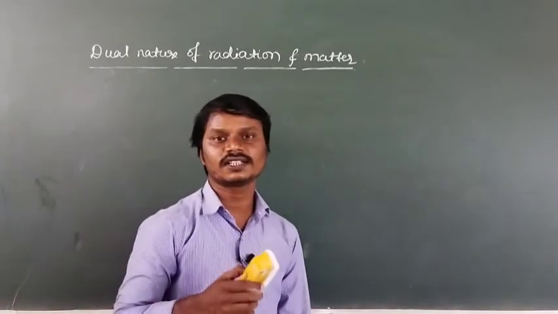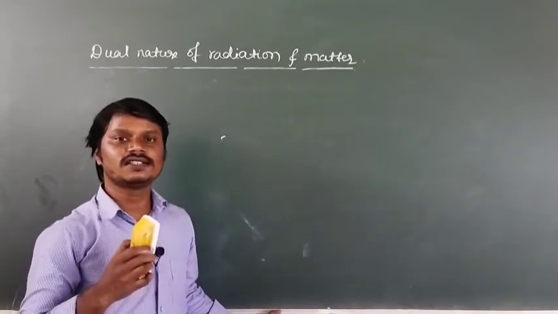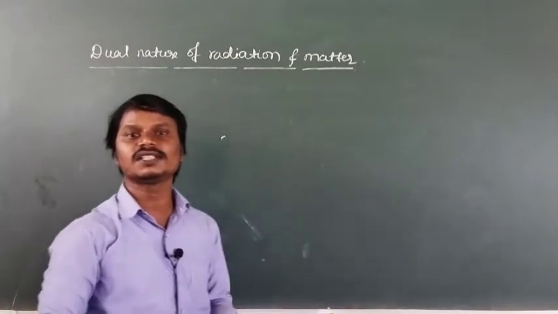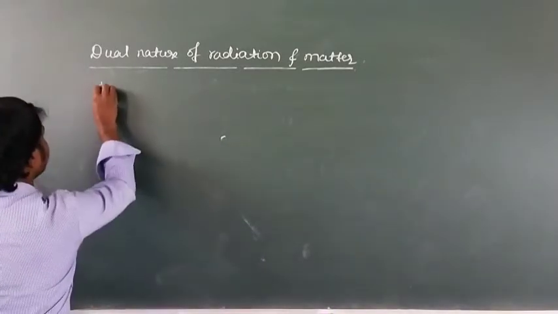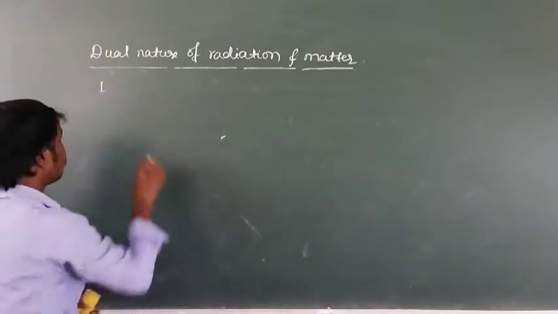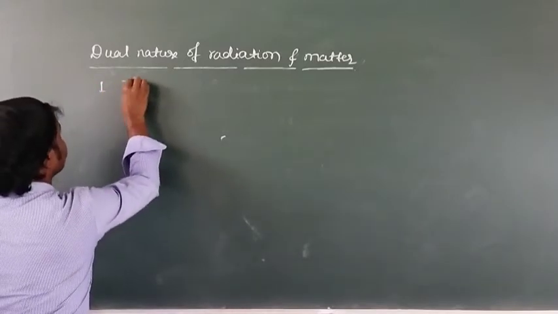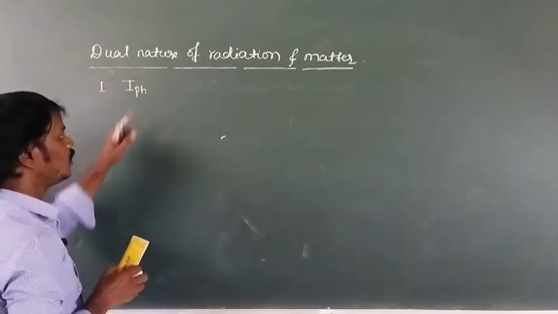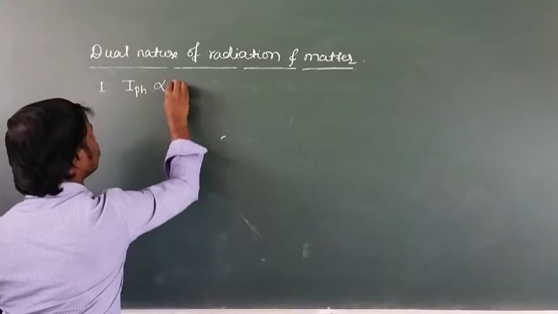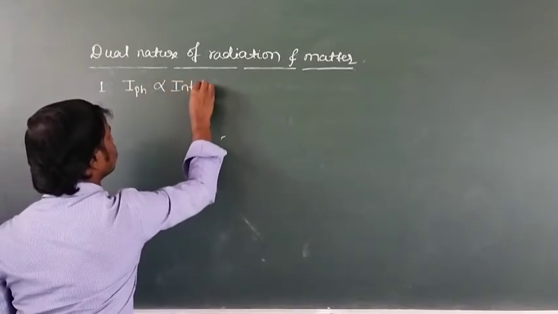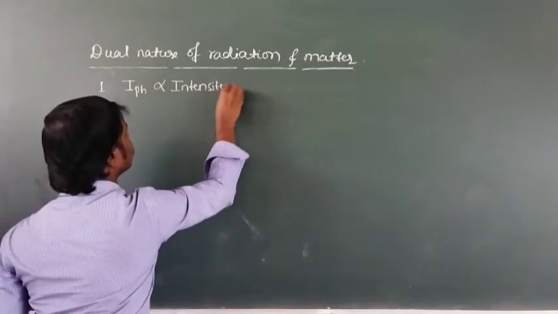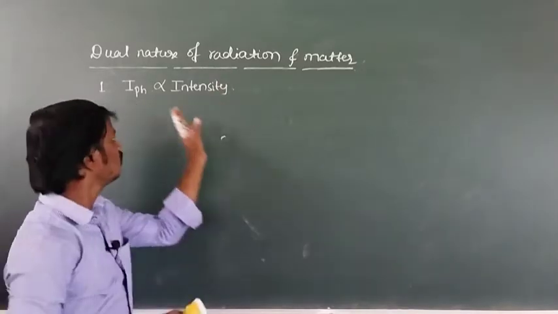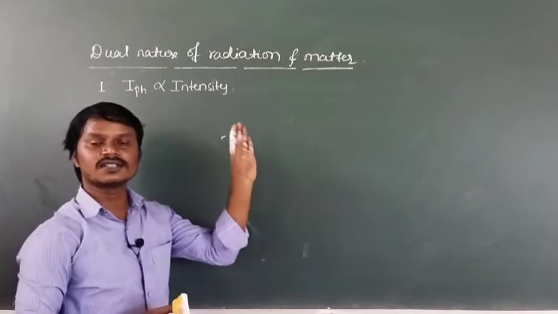The photoelectric current, which I will represent by I_PH, is directly proportional to the intensity of incident radiation. So as the intensity of incident radiation increases, the photoelectric current also increases linearly.